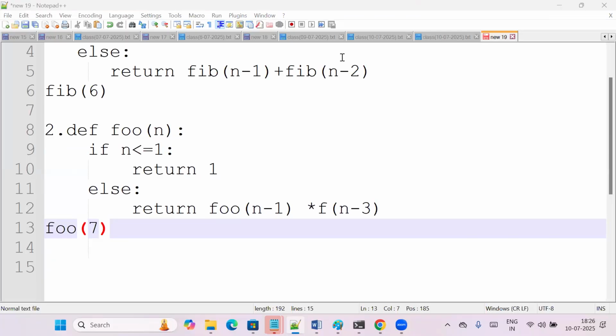Trace it, guys, fast. What will be the answer? Don't run it, please trace it.